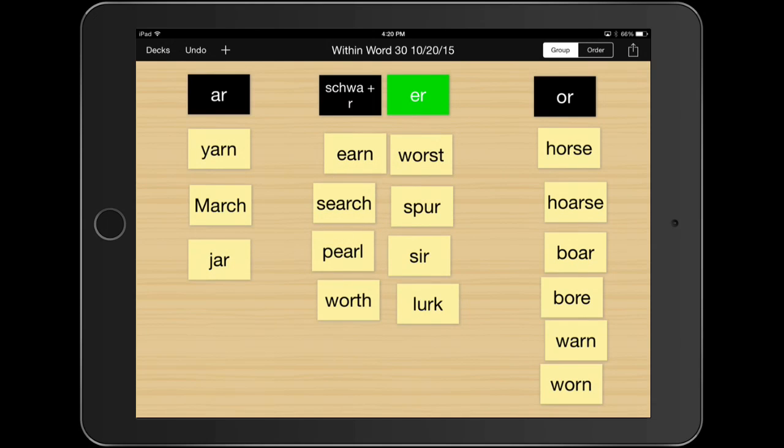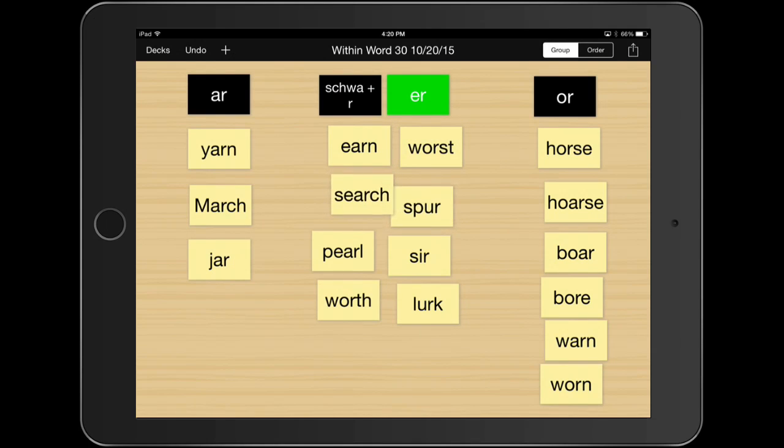Okay, so now we know the words in this middle group are going to have the ER sound, which makes things a little bit easier, but there's a lot of different spelling patterns for the sound, as you can see. When we say the word earn, we hear ER but it's spelled with an EA. When we say the word worst, we hear ER, but it's spelled OR. Let's look at search. Search.